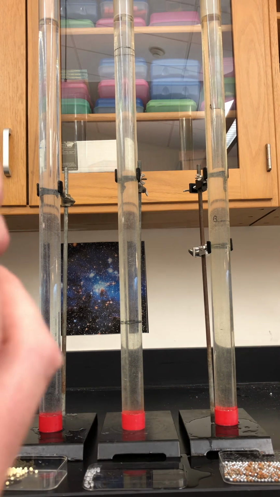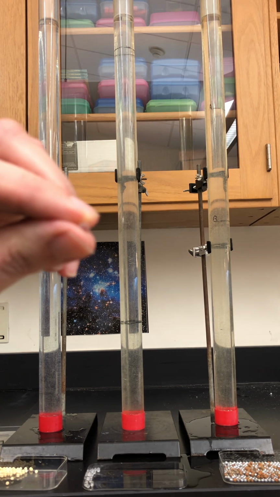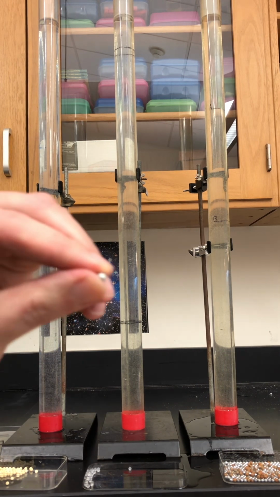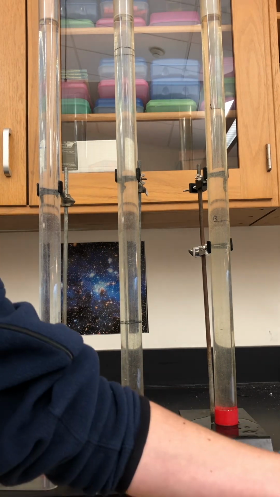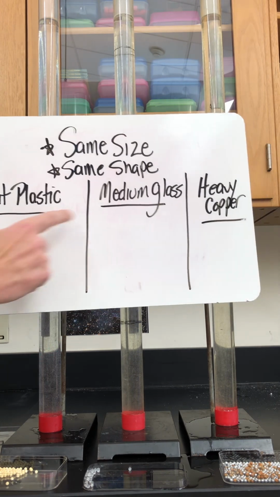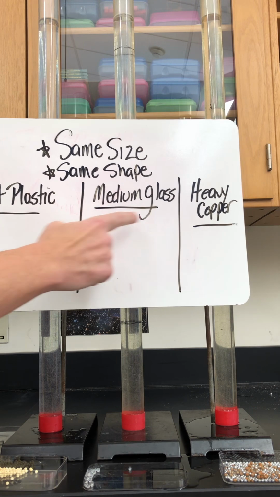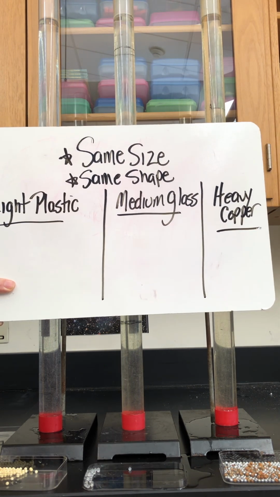I have the little plastic bead, a little glass marble, and a copper BB. So I have the same size and the same shape, but just different materials. A light plastic, a medium glass, and a heavy copper. Essentially we're going to be measuring differences in density here.